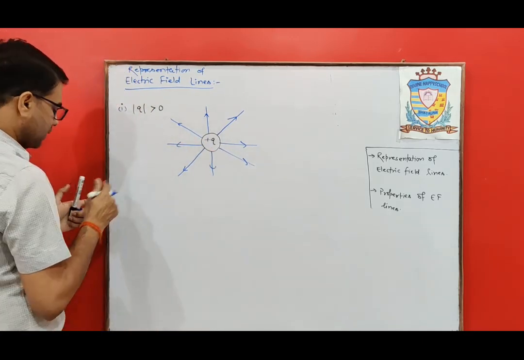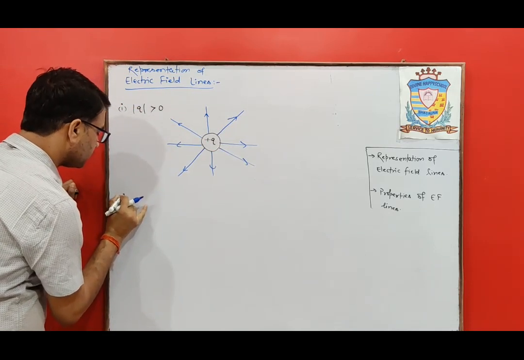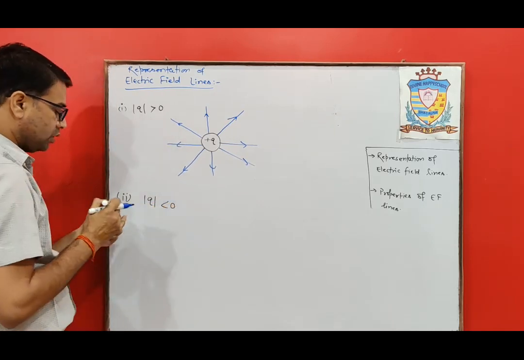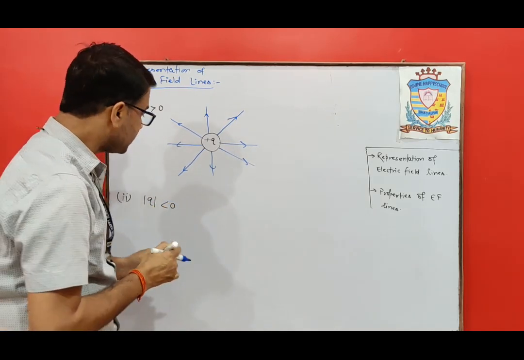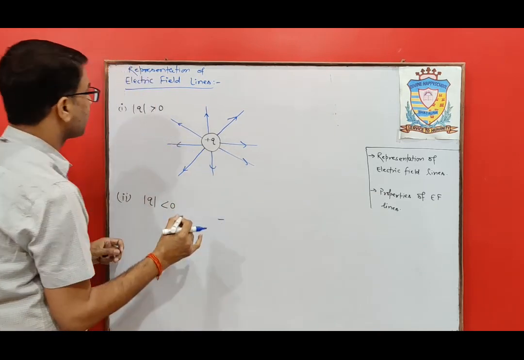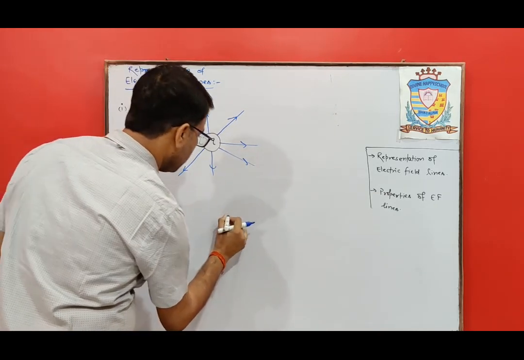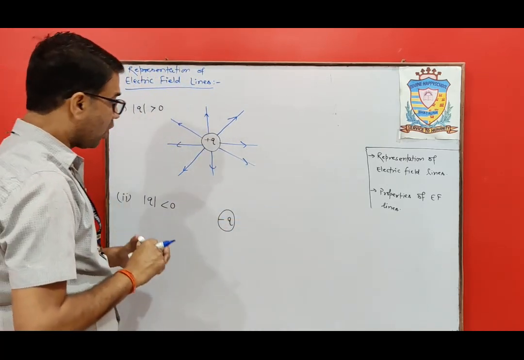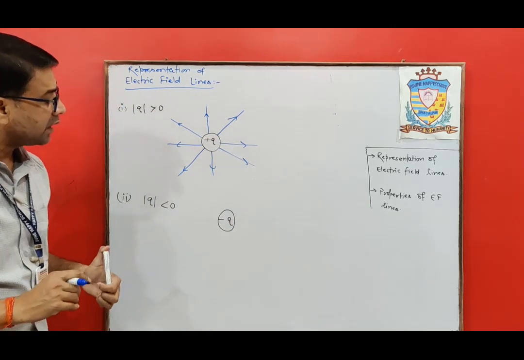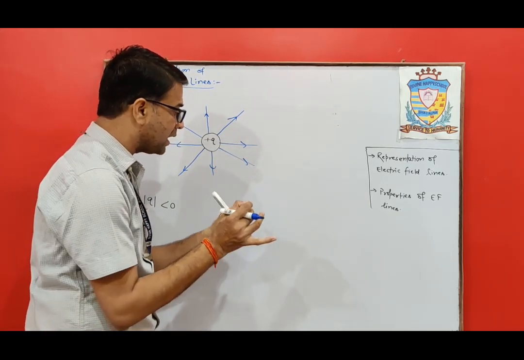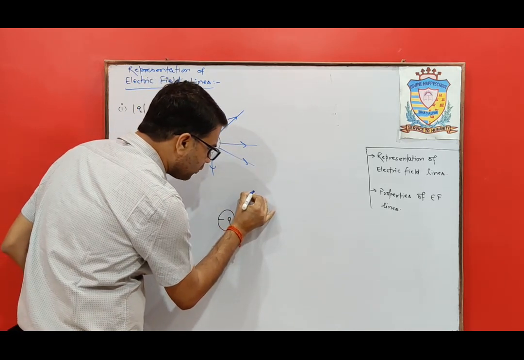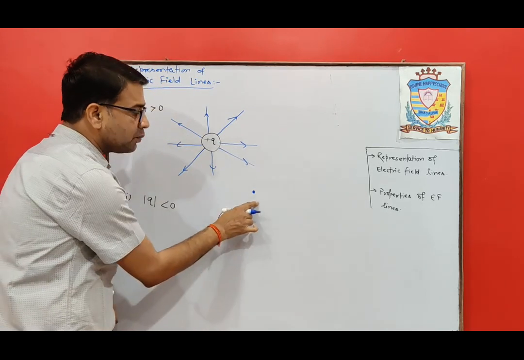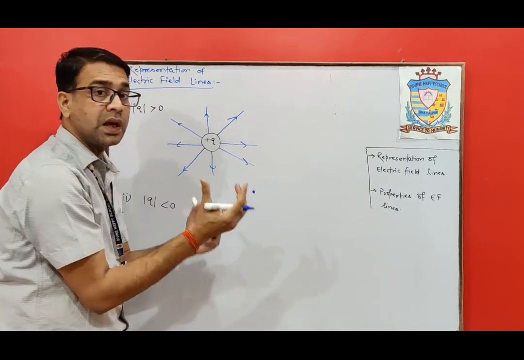Clear? Next, case 2. Q is smaller than 0. That means in this case this charge is minus Q. So how do we find the electric field lines? Again we place a unit positive charge over here. If this is negative and this is positive, we know that opposite charges attract each other.